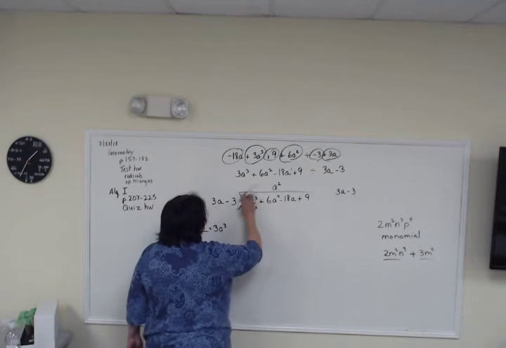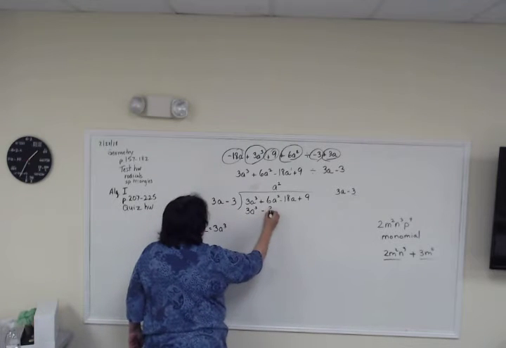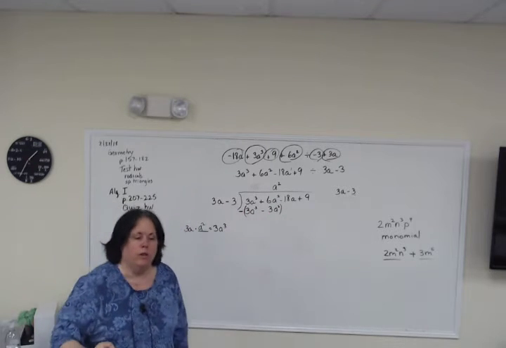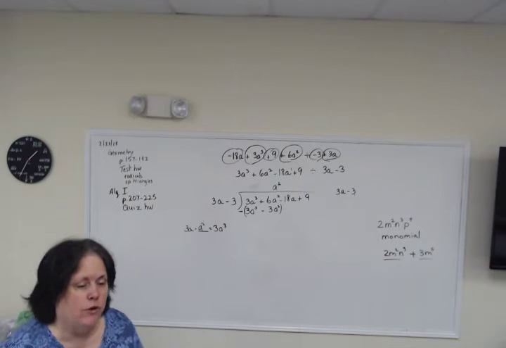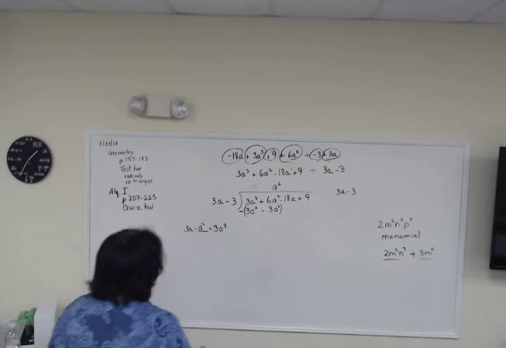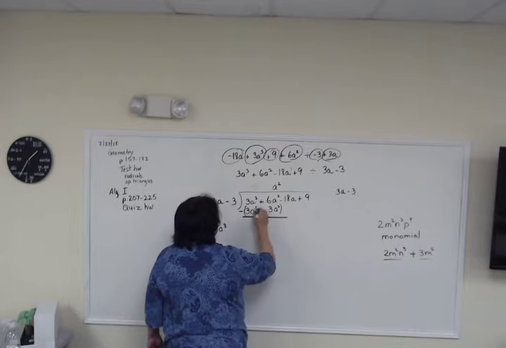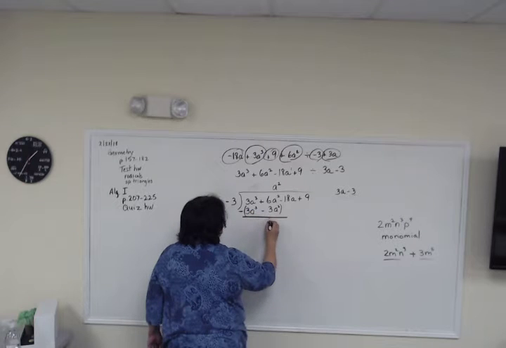And then we do a squared times negative 3 is negative 3a squared. We have to remember that we have to subtract the whole thing. 6a squared minus negative 3a squared is plus 3a squared.